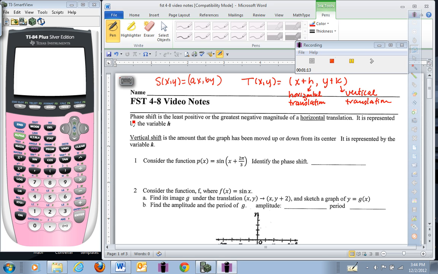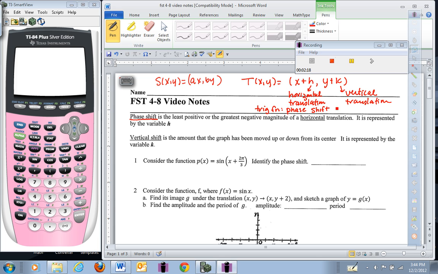We're going to call this phase shift. It's going to be the least positive or the greatest negative magnitude of a horizontal translation. So this horizontal translation that we did before, this h, in trigonometry, for the trig functions, we're going to call it phase shift.